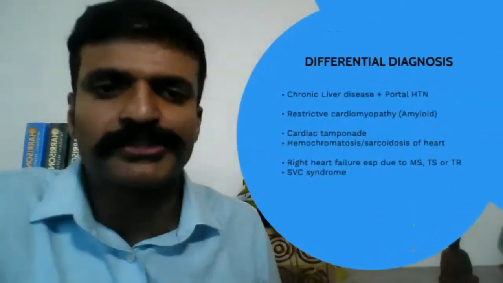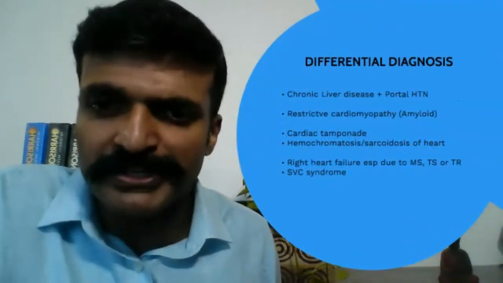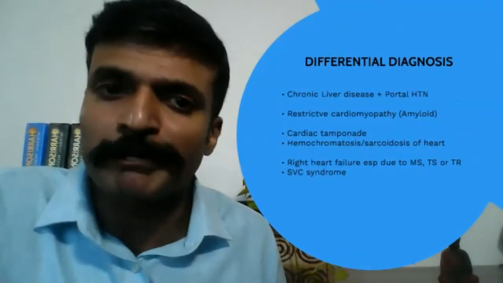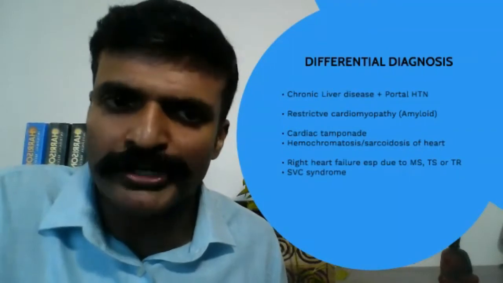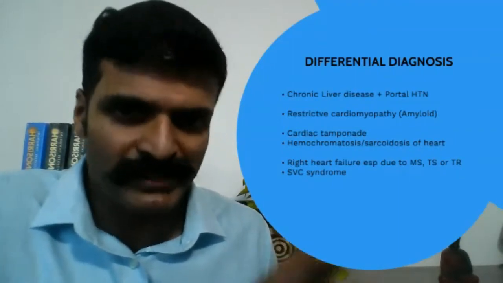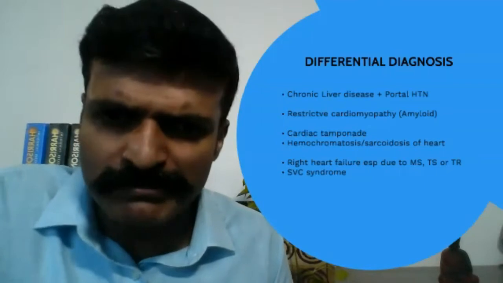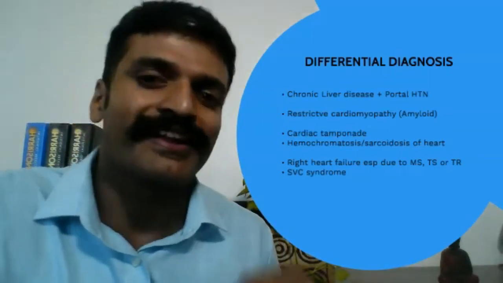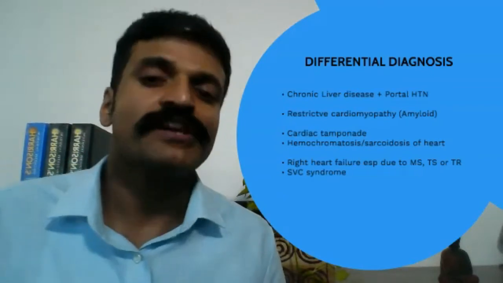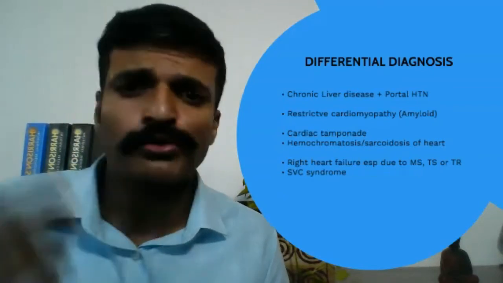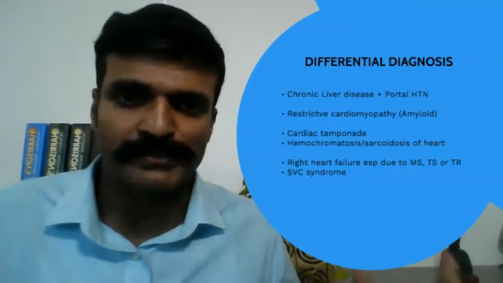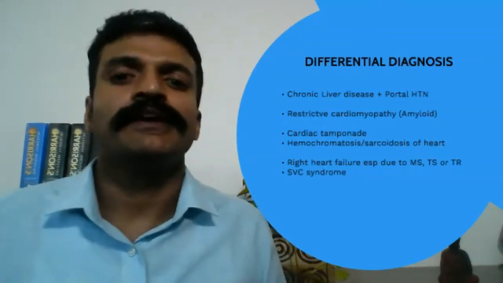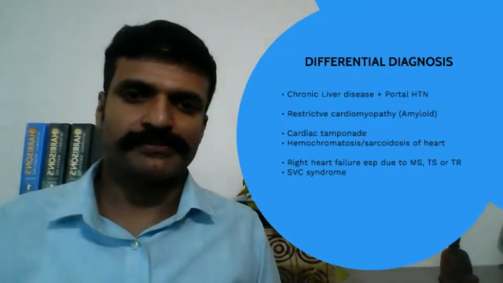Always keep in mind certain other conditions like chronic liver disease, restrictive cardiomyopathy, usually associated with amyloidosis. Tamponade, even though it's an emergency, can sometimes mimic this condition. Right heart failure due to a wide variety of reasons like mitral stenosis, tricuspid regurgitation, or good old cor pulmonale, that is after COPD, can be very close differentials.